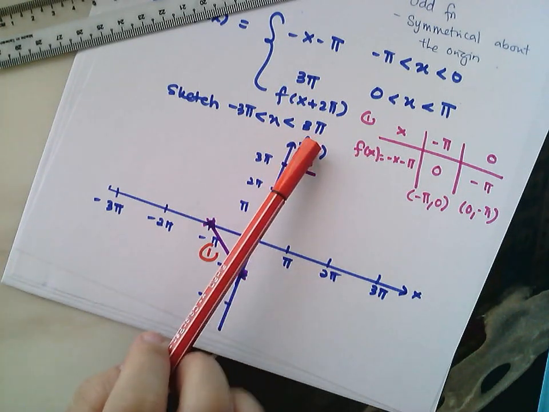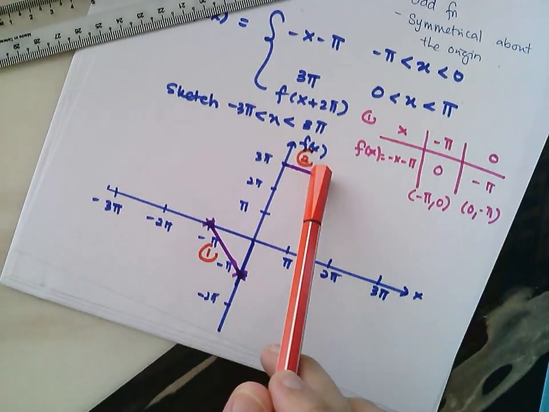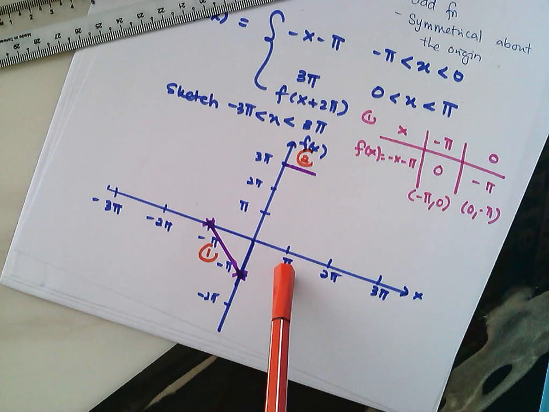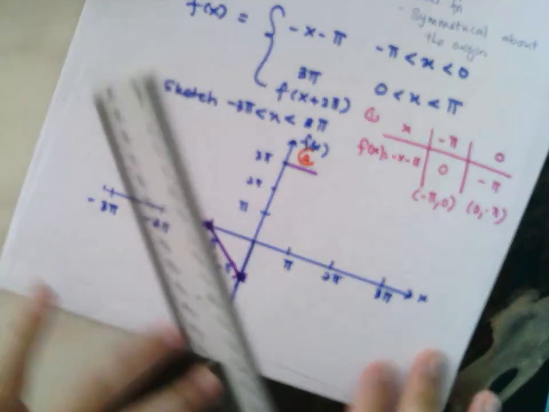If this is 1, 2, again you need to start from 1. So you will have another point here, another line here, which is this one down here.